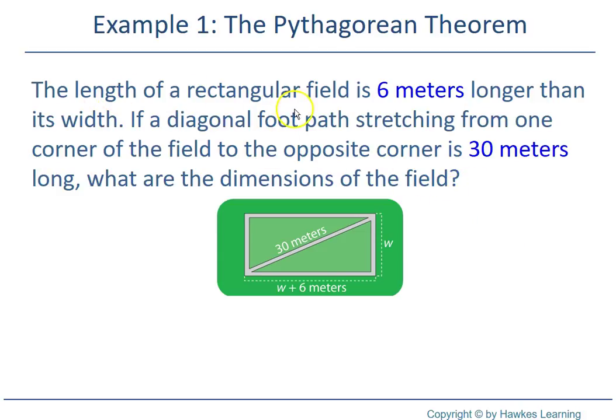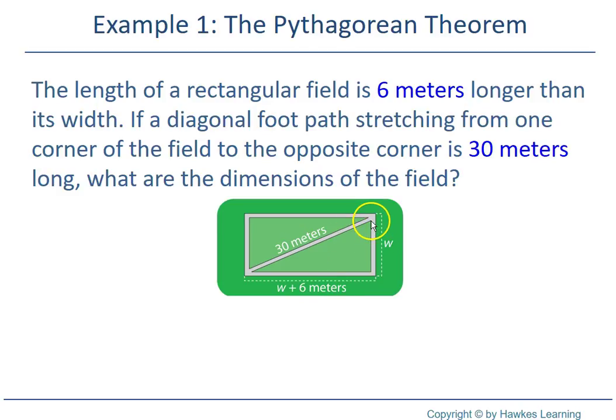The length of a rectangular field, there's a field, you've made a rectangle, is 6 meters longer than the width. So you don't know what the width is. So you're identifying the width here. And you are identifying your length. Your length is 6 meters more than the width.